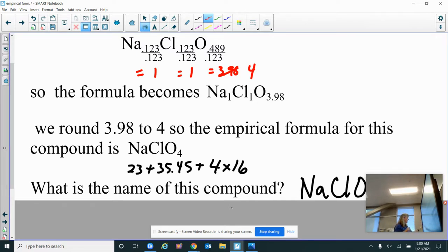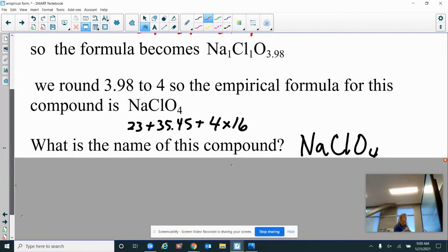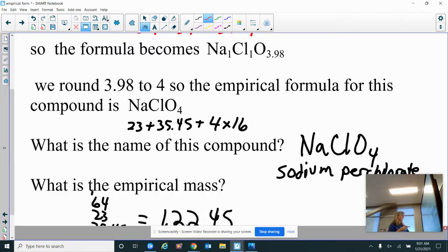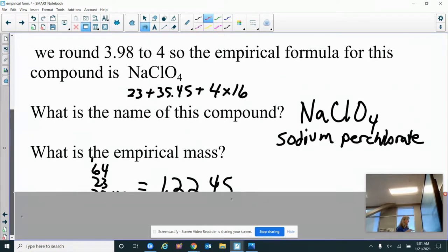If we want to name that formula, remember our polyatomic ion, ClO4 minus 1 is perchlorate. So this would be called sodium perchlorate. Okay, and the empirical mass is just adding up the molar masses of each of those elements. So again, sodium's 23, chlorine's 35.45, oxygen 16, and there's 4 of them.